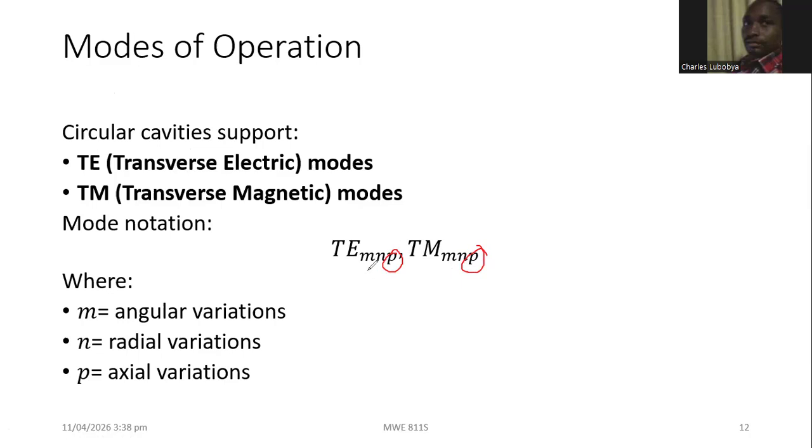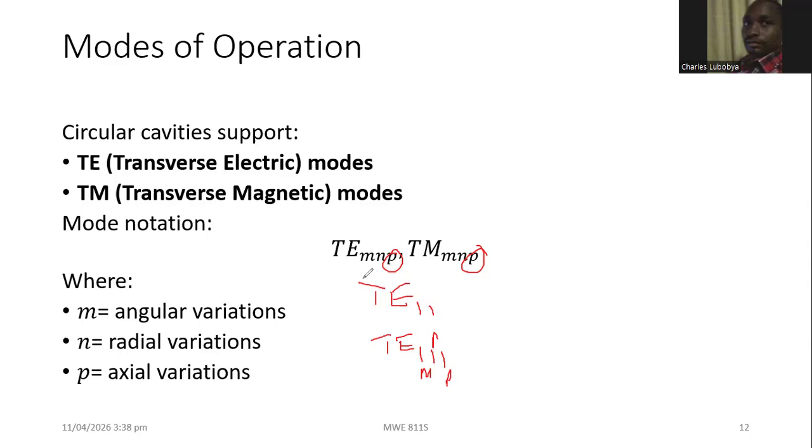Remember in circular waveguides, the dominant mode TE is given by 1, 1. So the dominant mode for circular cavity resonators will be given by 1, 1, 1, where the first one is for M, the second one is for N, and the last one is your P.